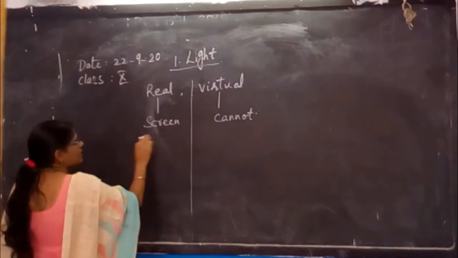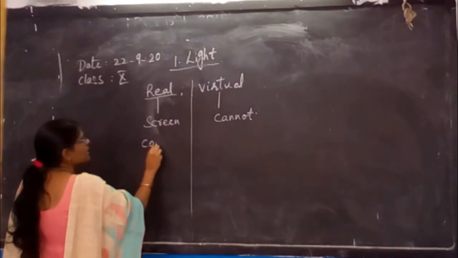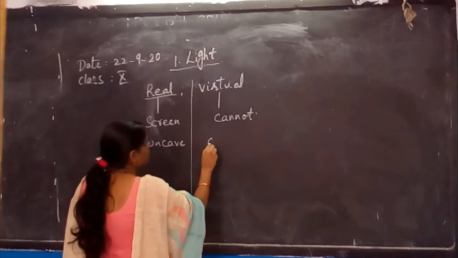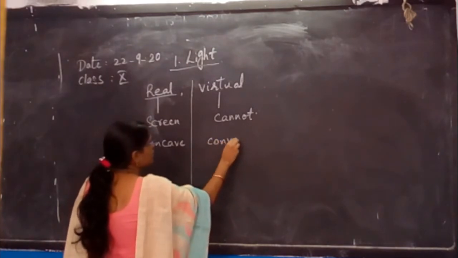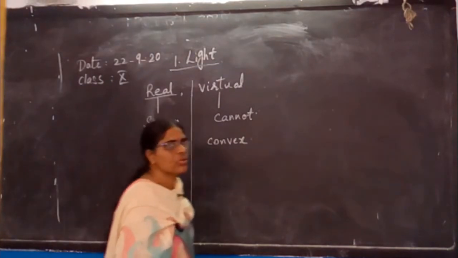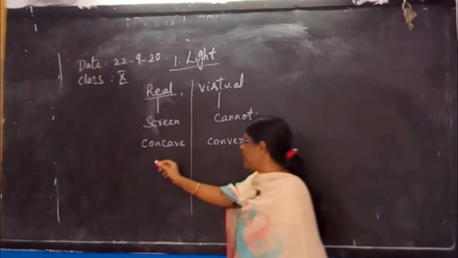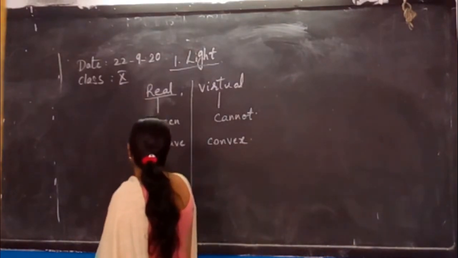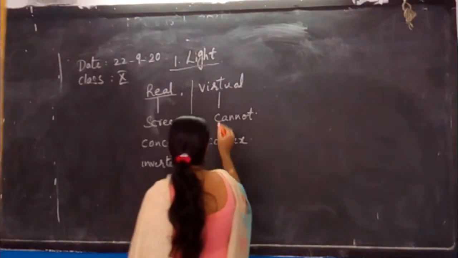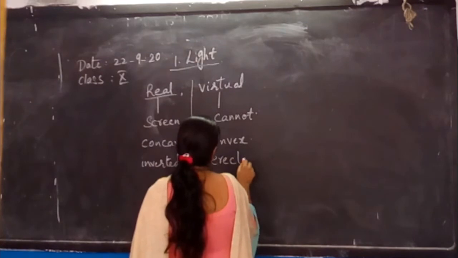Not only this, we said that mostly the real images are seen in the concave mirror. Virtual images are seen in the convex mirror. Real images are always inverted, whereas virtual images are erect.